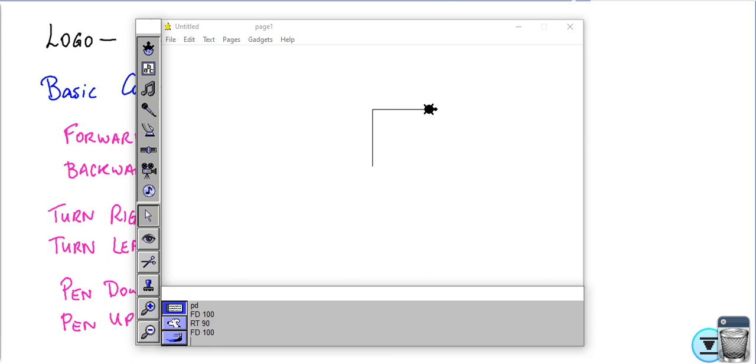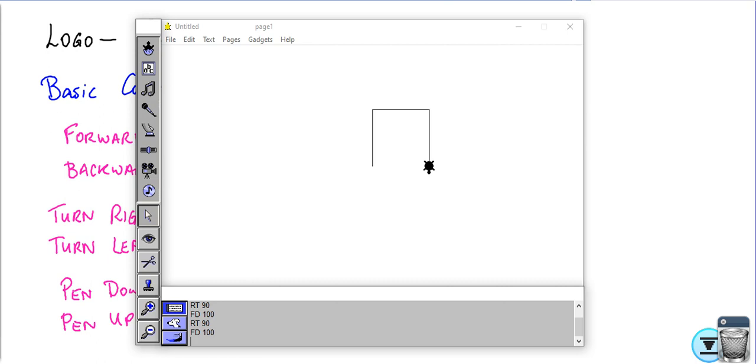Okay? I want to draw a square now, so I'm going to tell it to go to the right again, turn 90 degrees, then go forward 100. As you can see, the turtle now is facing downwards. If I want her to go back to its original position, I can say home, or I will have to turn the turtle first.